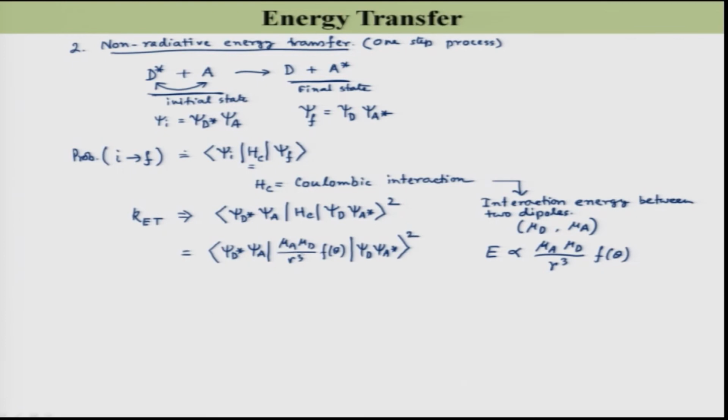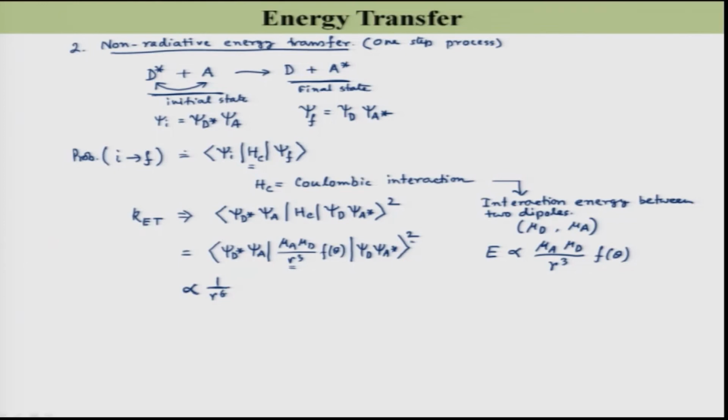So, here you see this r cube term is over here, and here is a square term. So, whatever the expression is, what I will get is that this k E T is proportional to 1 over r to the power 6.